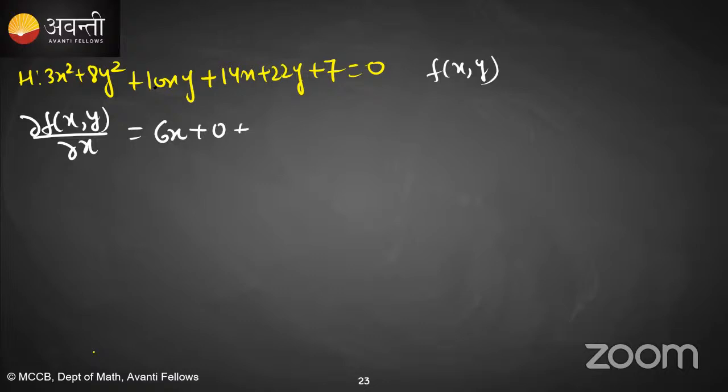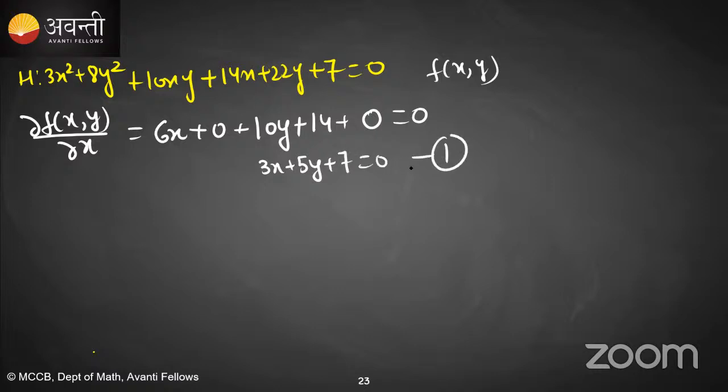Plus the differentiation of 10xy, meaning 10y into x: 10y is constant and the differentiation of x is 1, so plus 10y. The differentiation of 14x with respect to x is 14. The differentiation of 22y plus 7, which is constant, is 0. So here we get an equation: 3x plus 5y plus 7 is equal to 0.